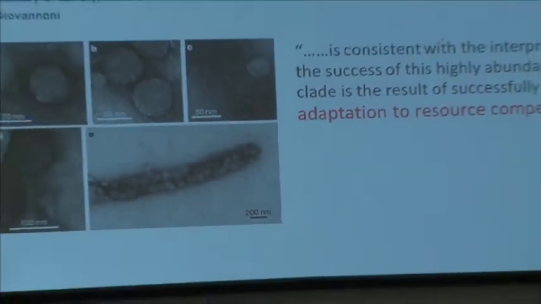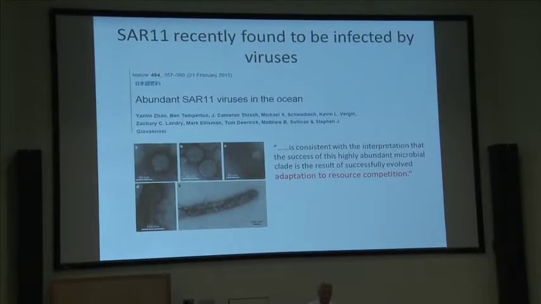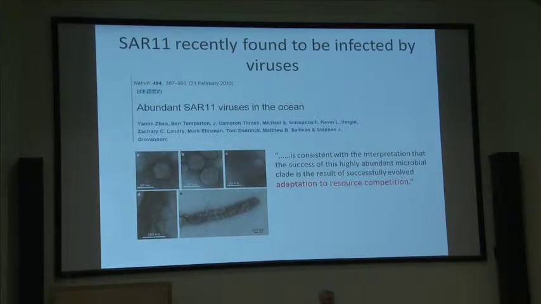You can see the importance of this if you take the relatively recent discovery of the SAR11 viruses. SAR11 is probably the most abundant organism in the ocean. It was argued that this was probably because it had high defensive abilities. No, it turned out that it actually had a lot of viruses.